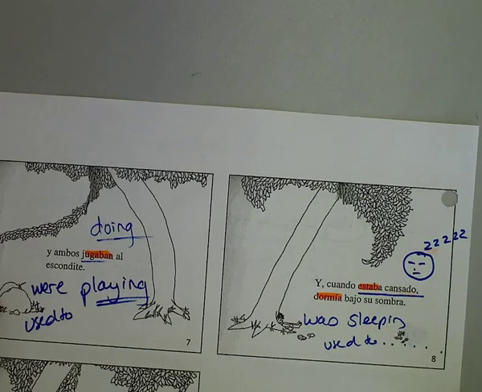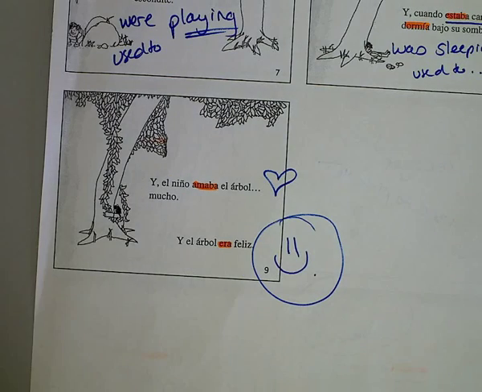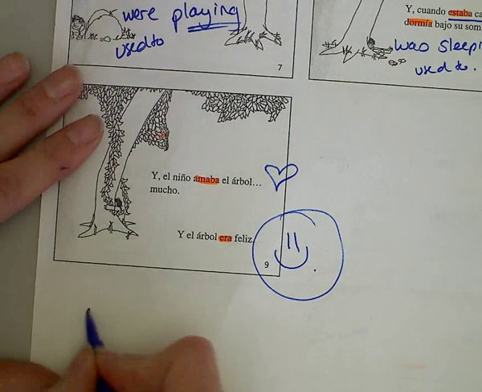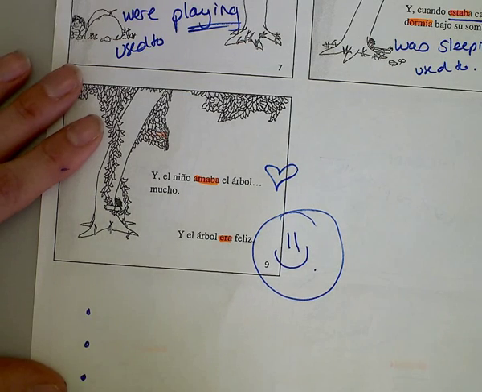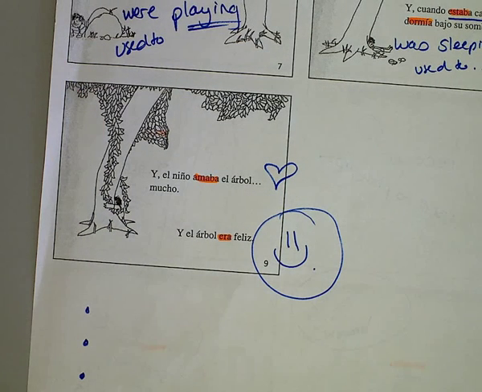Cool. So right here at the bottom, there are 9 different rules for using the imperfect. You should be able to recognize 4 of them within this text.